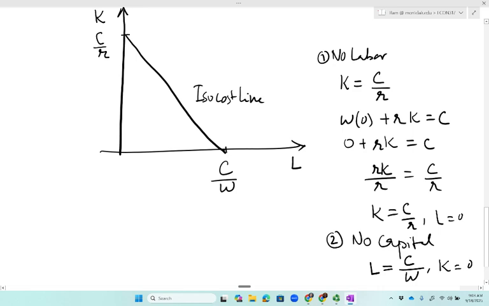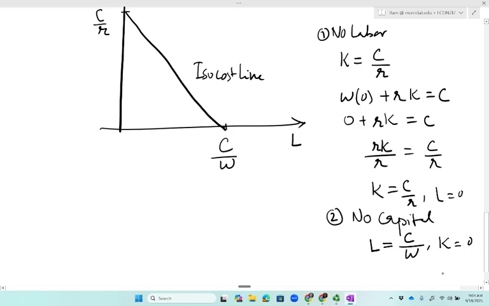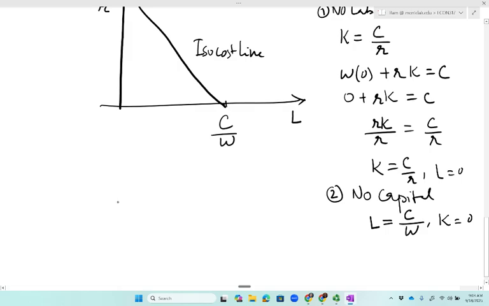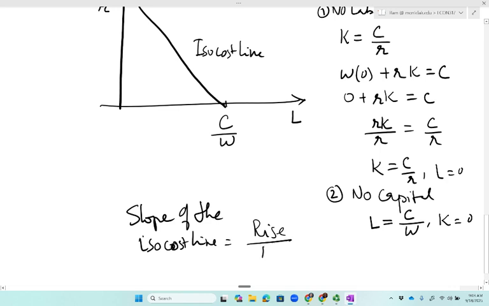Slope of the isocost line, we will also like to compute. Slope of the isocost line is rise over run.